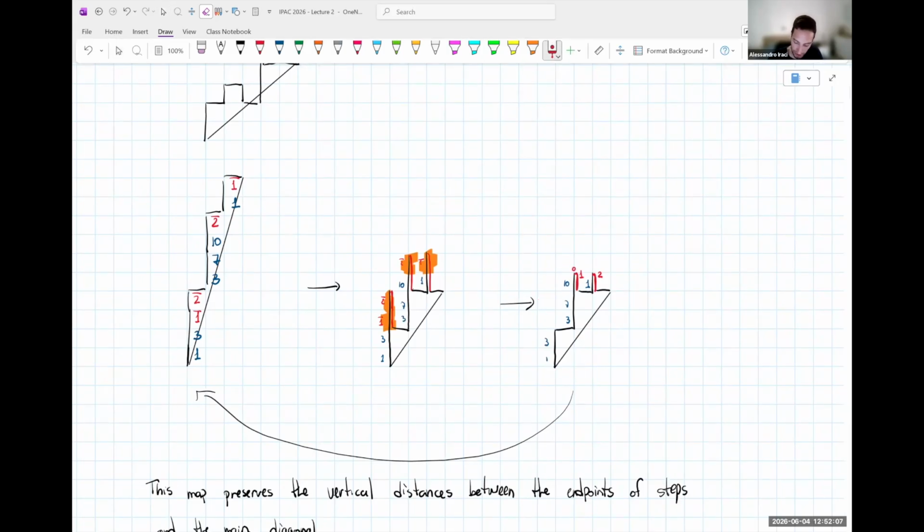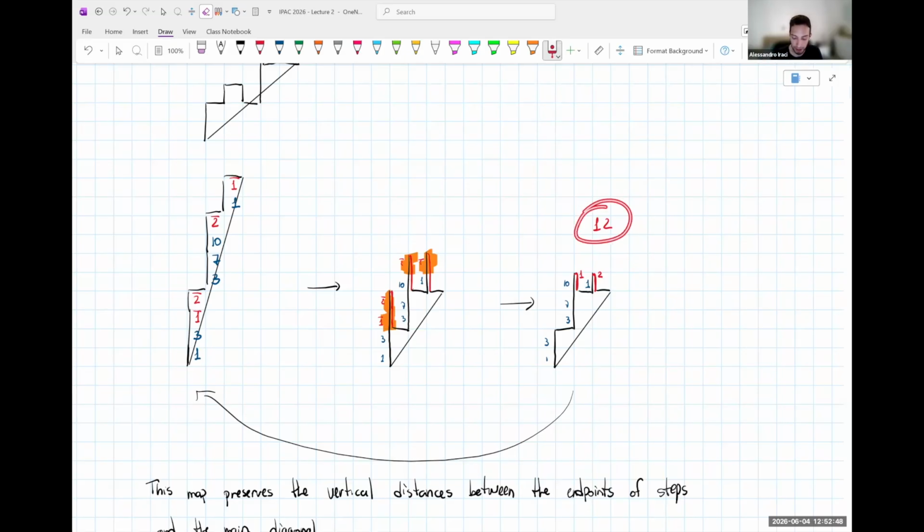By construction, the labels of these south steps have allowable content because they are the complement of something whose complement was allowable, and so that's allowable by definition. And we can get a reading word by reading these labels from the farthest to the closest to the diagonal. So in this case, it's very easy. We get just 1, 2. We can have more complicated examples in which stuff happens.